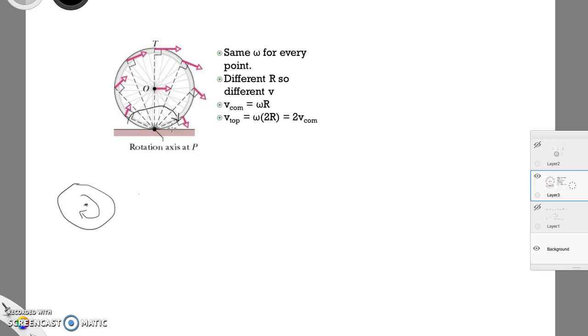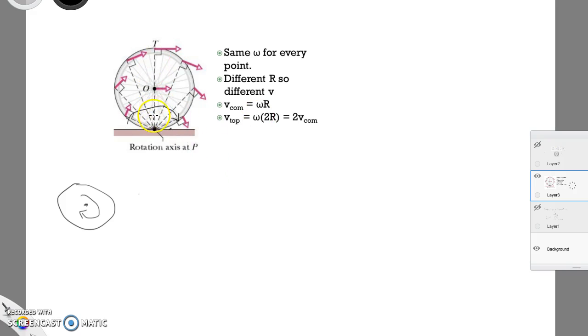And the point that it's about will change at every instant. It'll always be the same angular velocity around the point. And so each of these positions on the wheel has the same angular velocity about this point. But since each of these spots on the wheel has a different radius, they're going to have a different velocity.